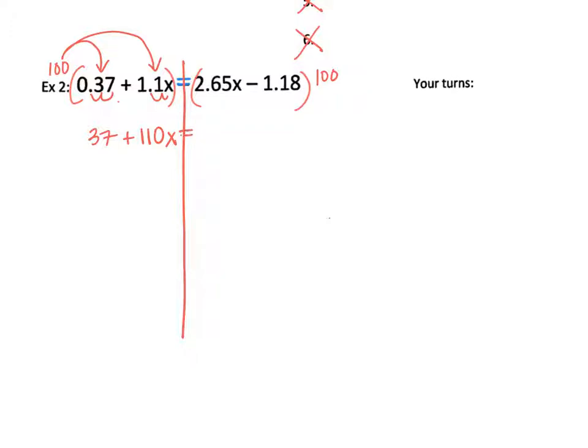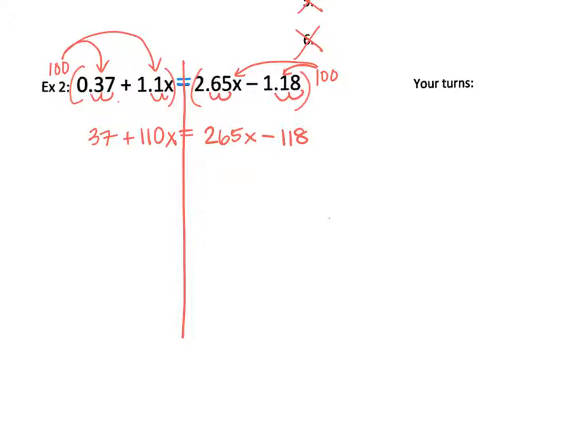And that equals 100 times this is 265x, because I have to move it over twice. X, don't forget that, minus 100 times this is 118. And I highly encourage you to use a calculator, because you do get some big numbers in these types of problems. When you're multiplying by 10 or 100, it is going to make them bigger.